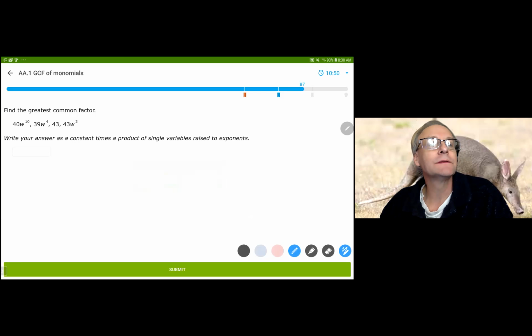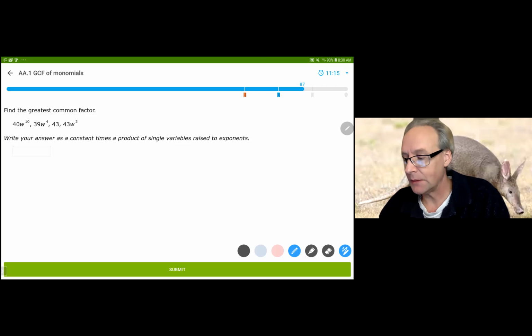And what do we have next? Okay, 43 and 39 and 40. 43 happens to be a prime number. That's a big clue. 43, because it's a prime number, has no common factors with any other number. Like 39 is 13 times 3, and 40 is 5 times 2 times 2 times 2.